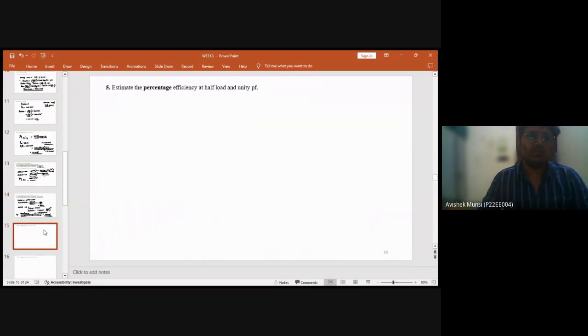The same question, you have to calculate the percentage efficiency at half load. We have x kVA cos theta at unity power factor, divided by x kVA cos theta plus copper loss plus iron loss.